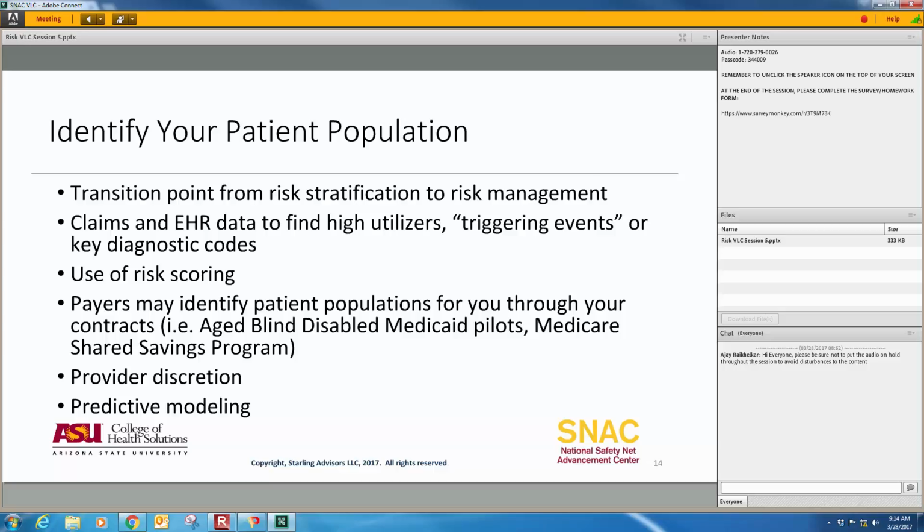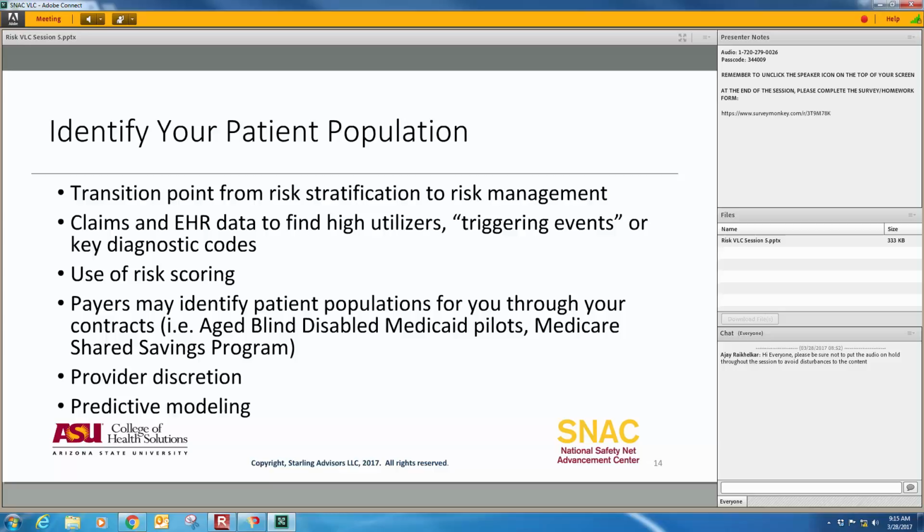Their transition out of the hospital would potentially be a triggering event for care management interventions, or the use of particular diagnostic codes. All of those things can be used in the risk scoring of the patients and really help to identify the patients we would engage for various risk management strategies.